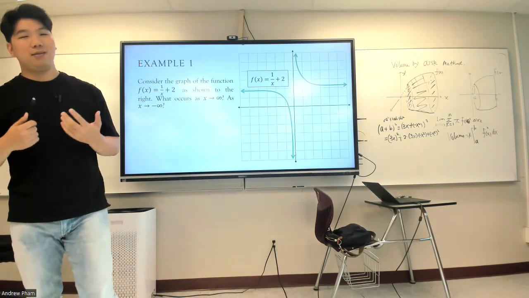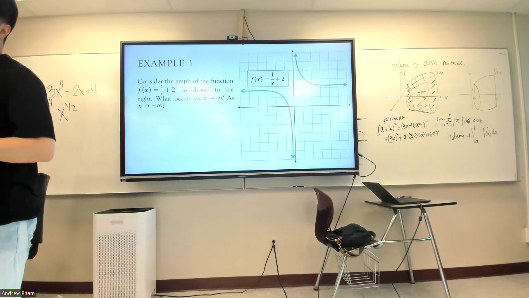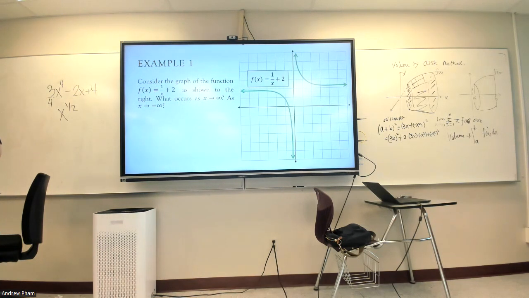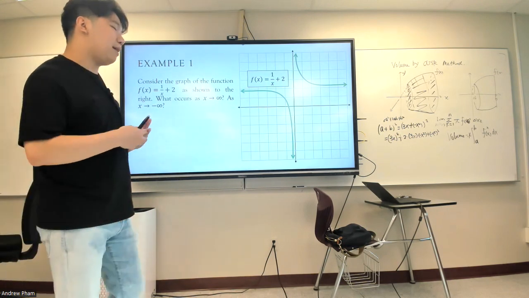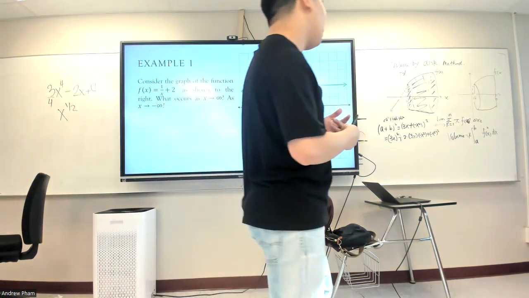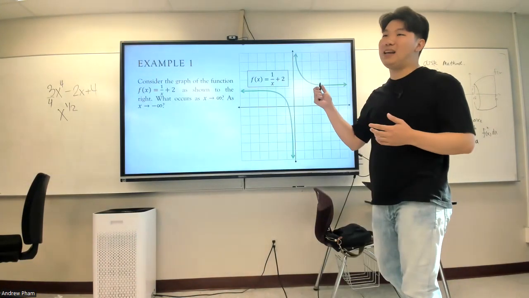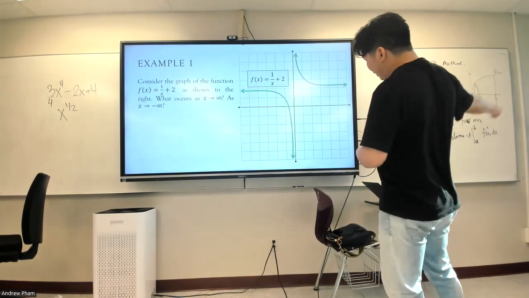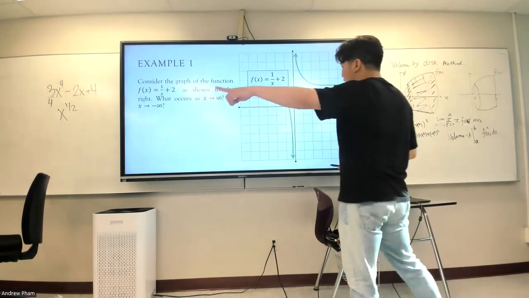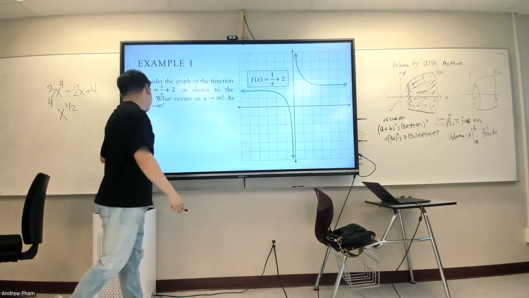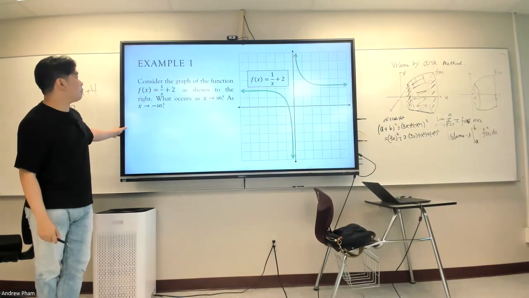So what we've just done here is we've actually just discussed a limit as x goes off to infinity. So this is me saying the limit as x goes off to infinity or negative infinity. That's me asking what's happening in my graph if I go all the way to the right or all the way to the left, if I'm talking about infinity and negative infinity respectively.